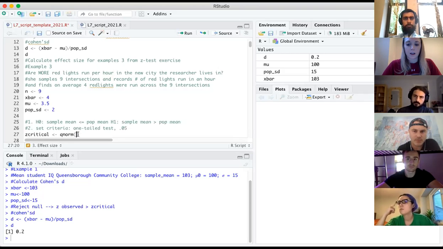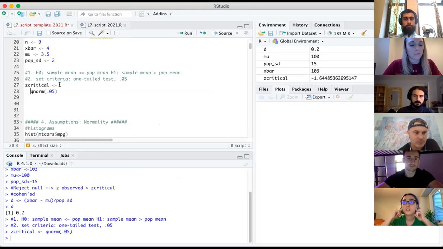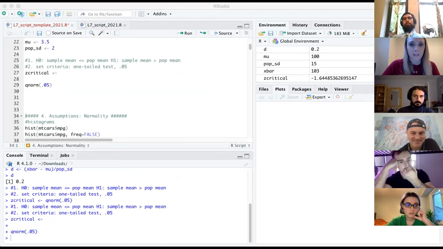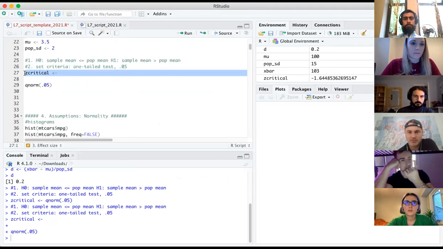Yeah, I always have to do this also, because I will inevitably get it wrong. Okay, 1 minus 0.05 is my guess.